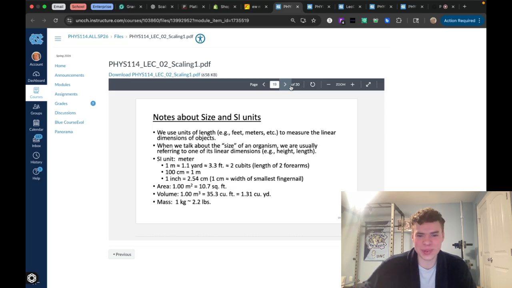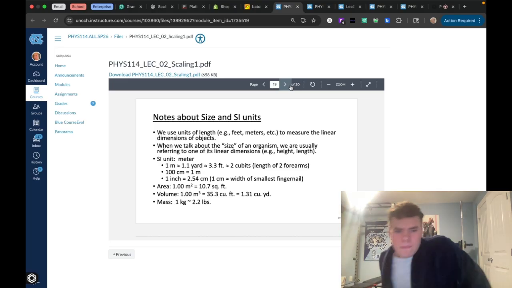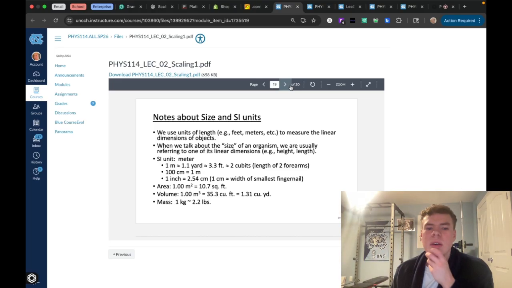Note about size and units. We use units of length to measure the linear dimensions of objects. So when we talk about the size, we're usually referring to linear dimensions. All right, so 1 meter is equal to 1.1 yards, 3.3 feet. 1 square meter equals 10.7 square feet. I don't know if we quite need to know this, but it might be good to write down.